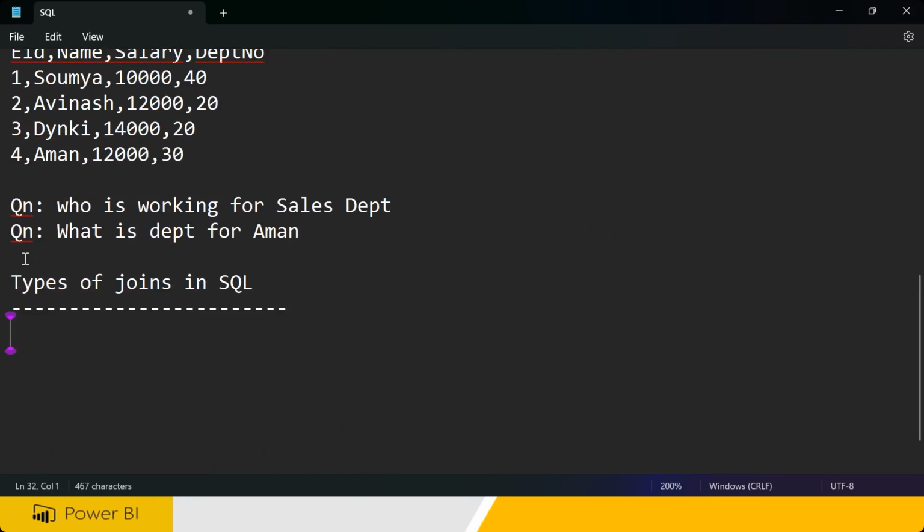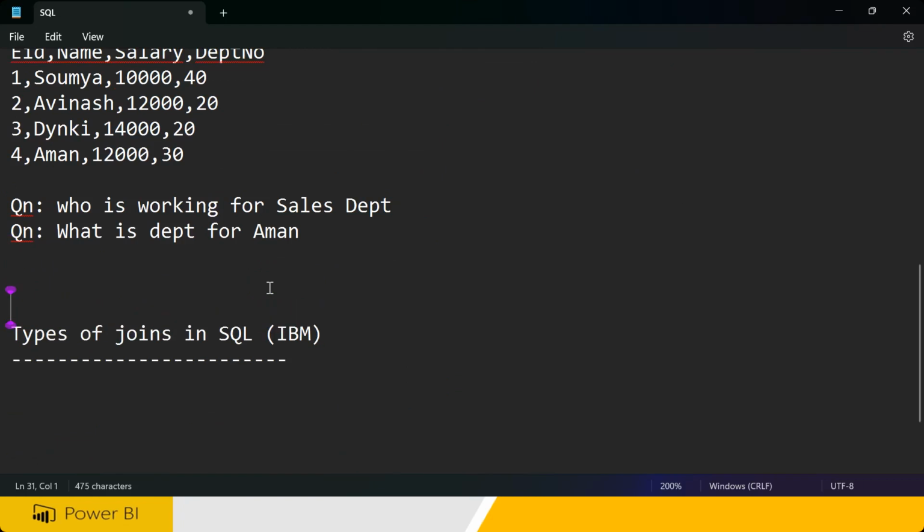Who invented the SQL language, or the SQL concept, which company? I have told you it is invented by IBM. SQL is the invention of the IBM company, right? So who invented the C language? Do you know? Anybody knows?